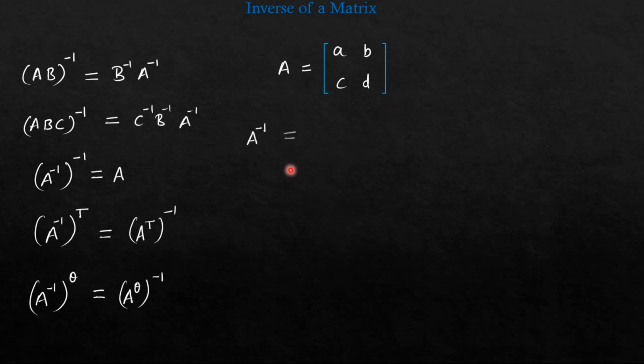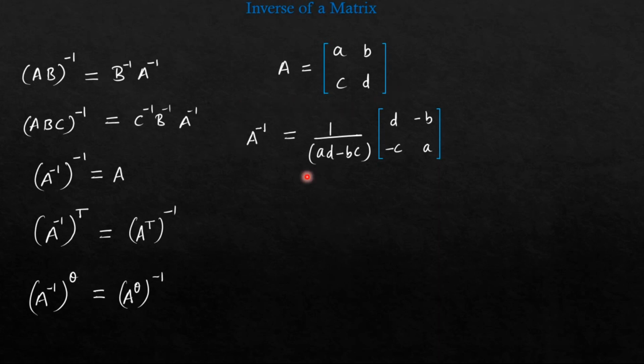A inverse is equal to 1 upon (ad minus bc), that is, 1 upon the determinant, into: interchange the diagonal elements, that is d and a. D will come this side and a will come downward. And put the minus sign on the off-diagonal elements, that is minus b and minus c. So this is the inverse of a 2 by 2 matrix.